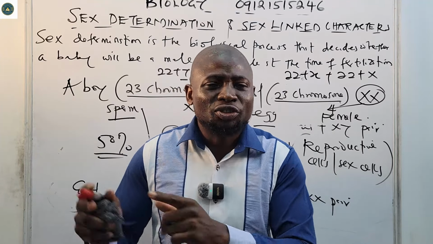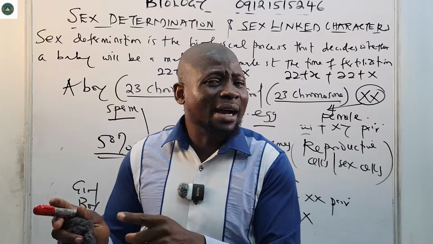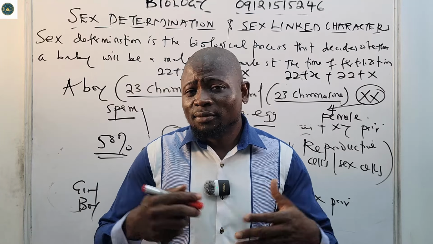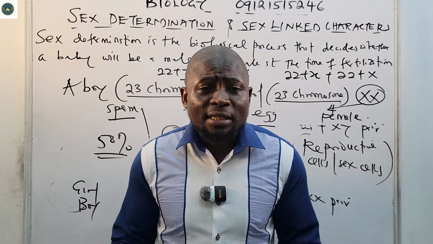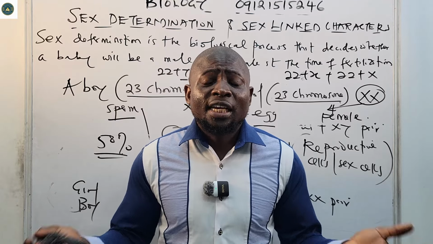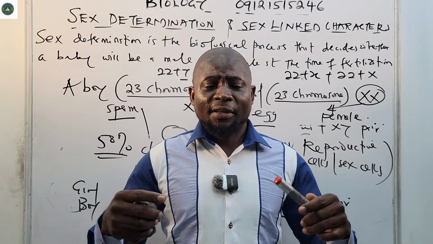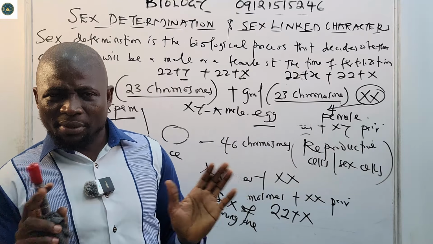You have 4 female children. It is you that is the problem, not the woman. It's not actually a problem. So if it is X that comes, a girl comes from you. If the X comes from the man, it is a girl that the woman will give birth to. If it's Y that comes, a male will be given birth to by the woman. It's as simple as ABC.